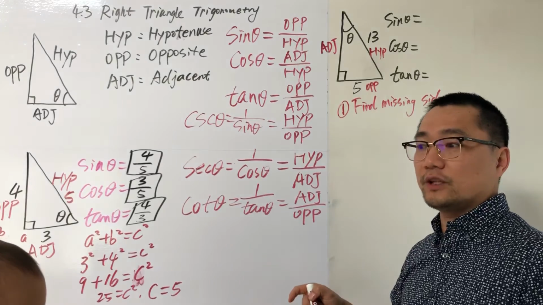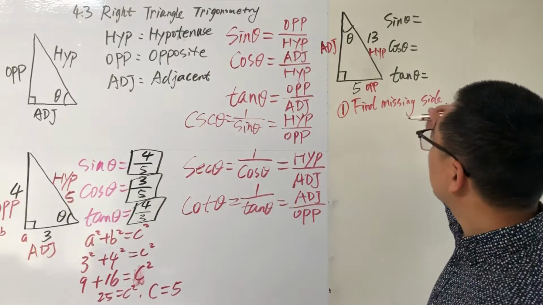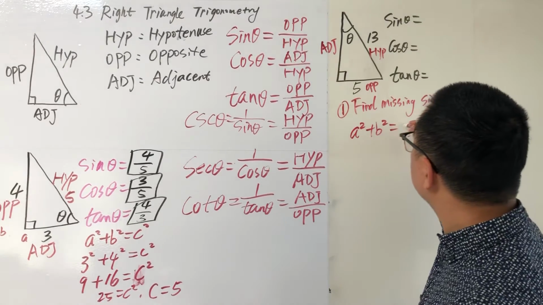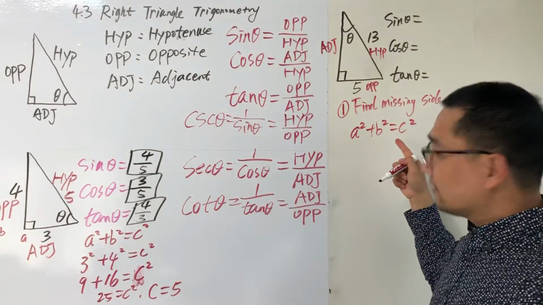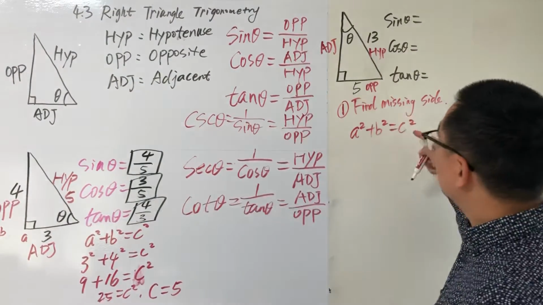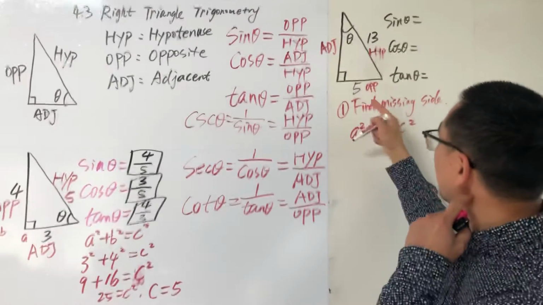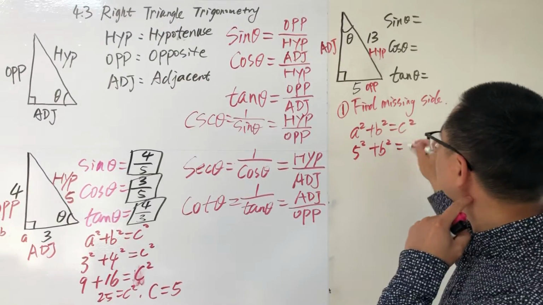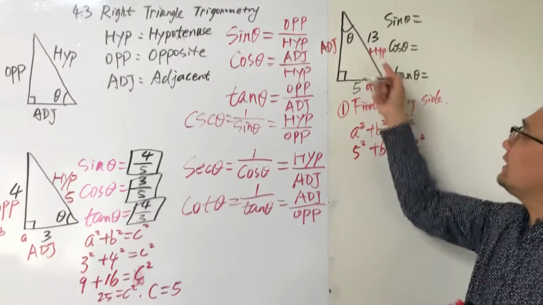As you know, we can use the Pythagorean theorem. So the Pythagorean theorem is a squared plus b squared is c squared. C is the hypotenuse. So that means we're looking for the b here. If a is 5, plus b squared is c squared, which is 13 squared. Because why is c 13?